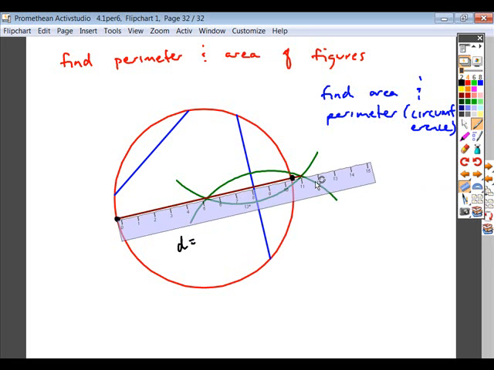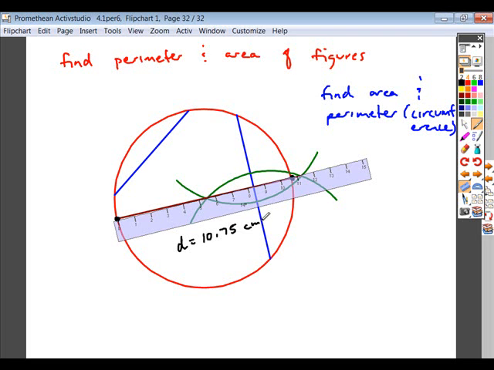So if I measured my diameter, it will be measured in centimeters. Let's just say, you guys will have more accurate markings than this, but it's about 10.75 for the diameter. In my example here, obviously yours will be different.